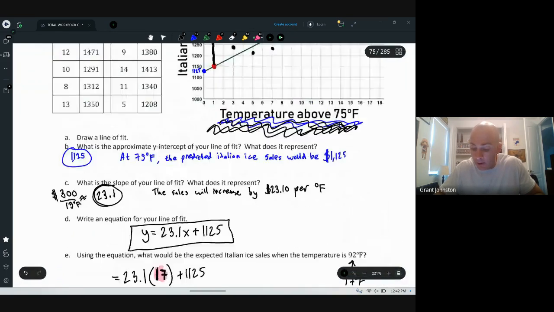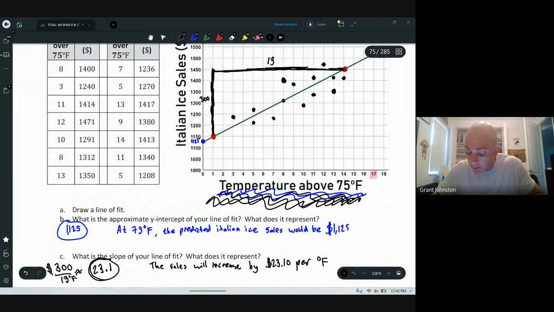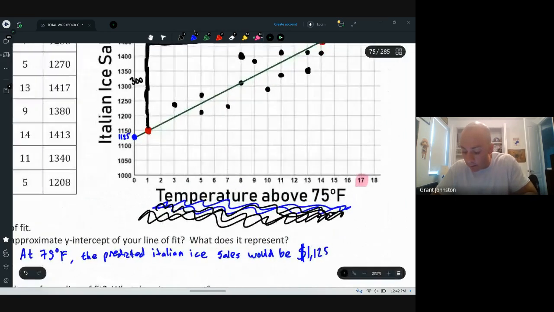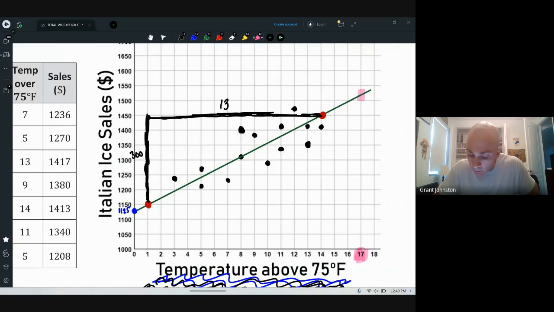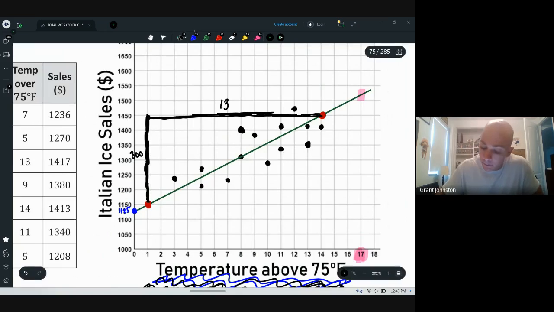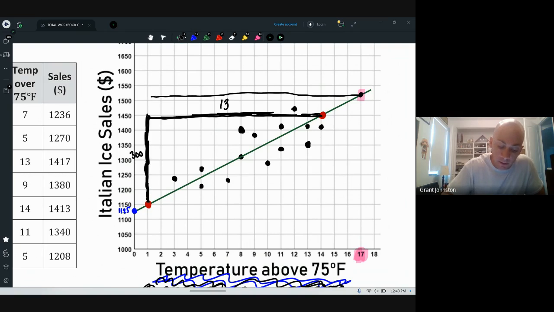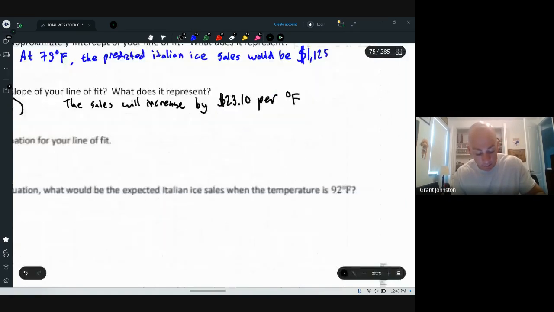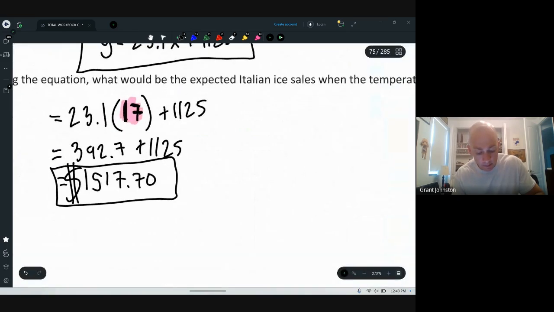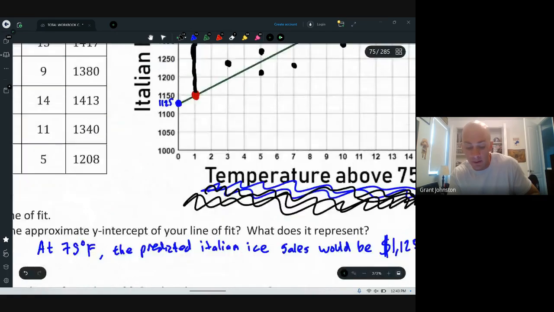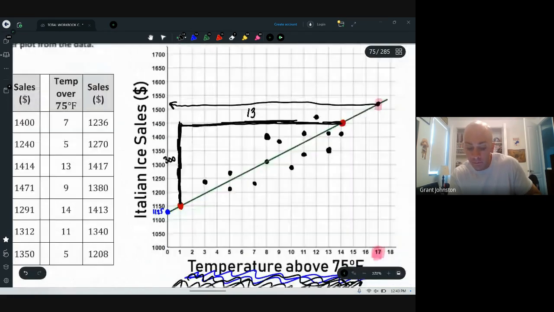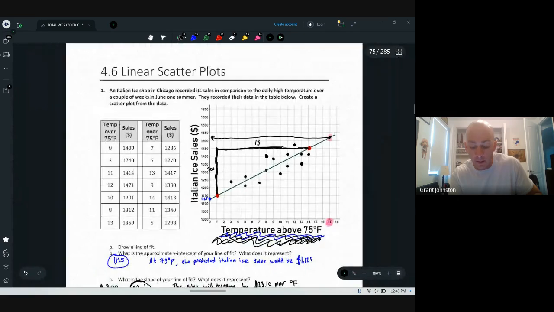So if I go up to my graph and I look at 17 and go up to here, and I look over here, 1,517, is that what it was down here? Yeah, that's really good. It actually matches what our best fit line would tell us. So it all makes sense. I always like to reasonably think about your problems.